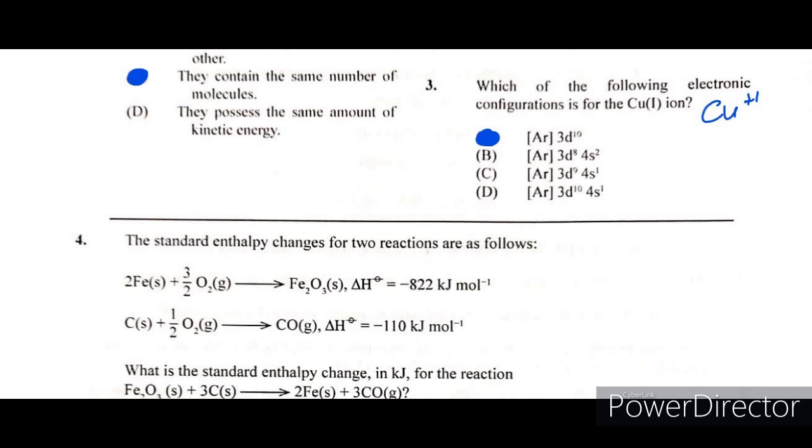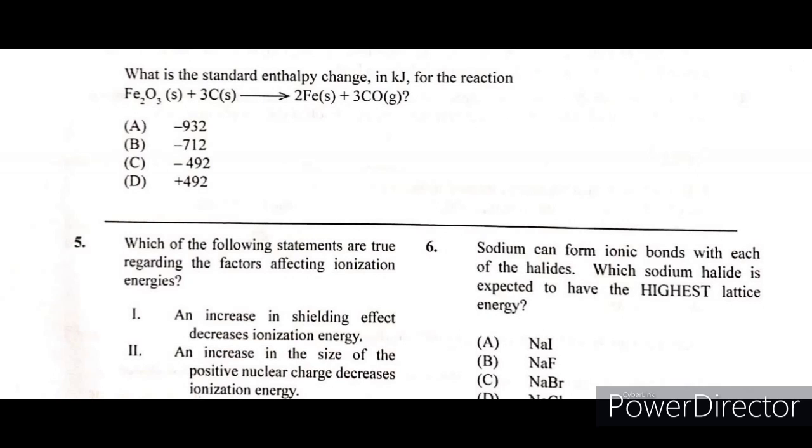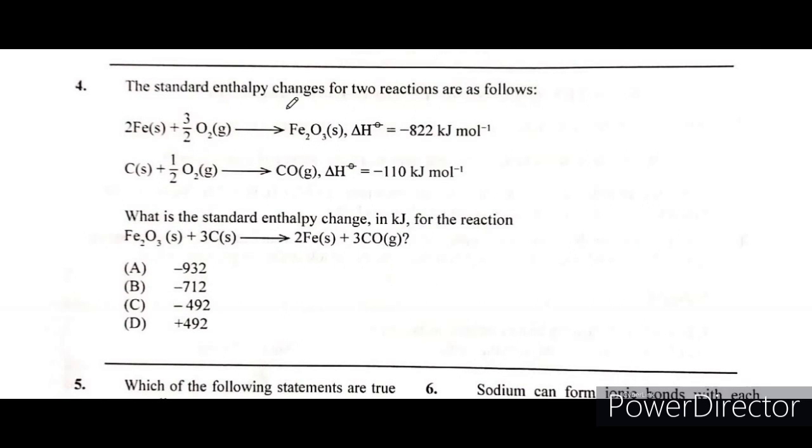All right, let's go down to number 4. The standard enthalpy changes for 2 reactions are as follows. 488. All right, and that's 110 kilojoules per mole. What is the standard enthalpy change in kilojoules for the reaction, right?